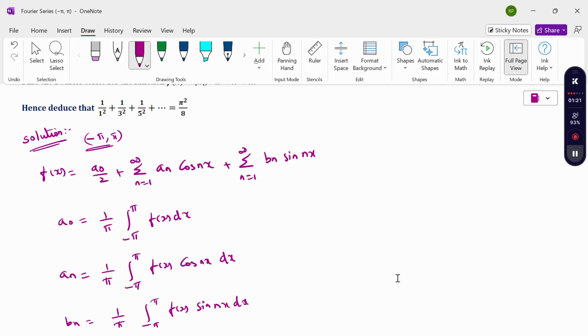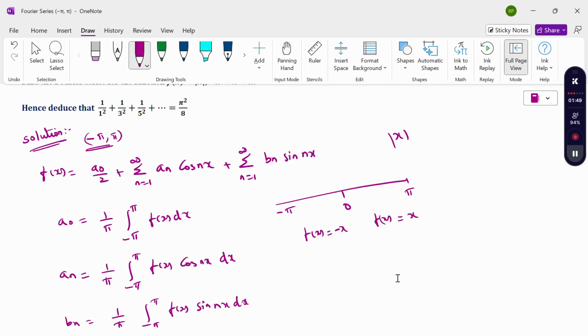Now these are the general formulas for minus pi to pi, but using them is a very lengthy procedure. What is the lengthy procedure? Suppose you want to calculate a naught, the integral from minus pi to plus pi. When it is modulus of x, it has negative and positive parts. Therefore f of x is minus x when x is negative, and x when x is positive.